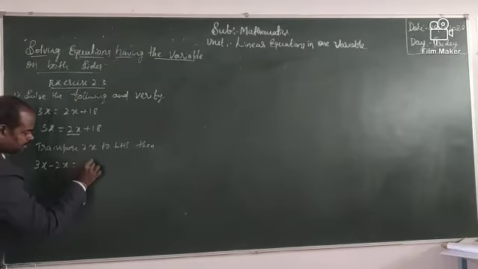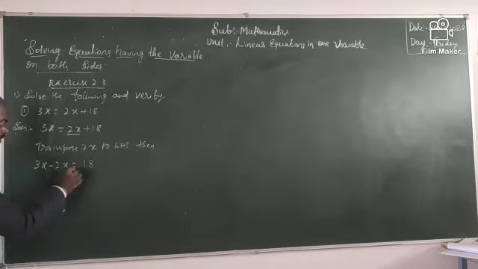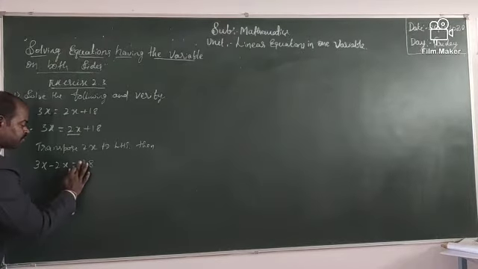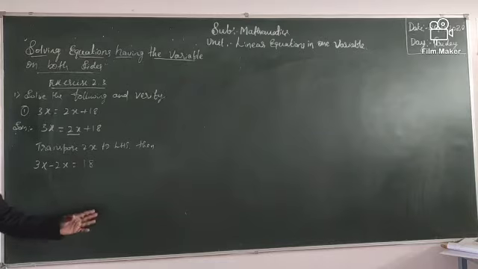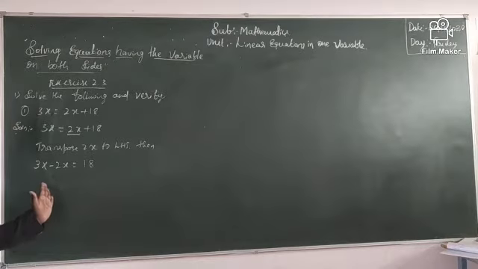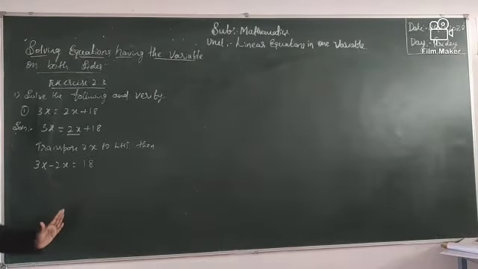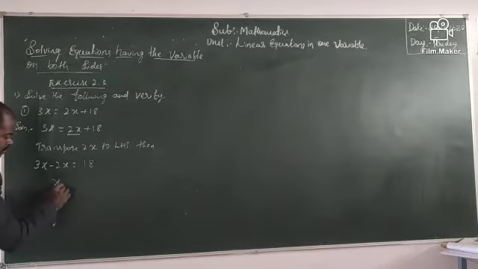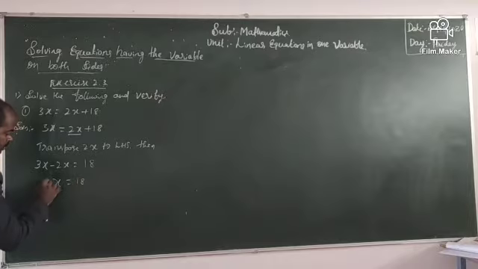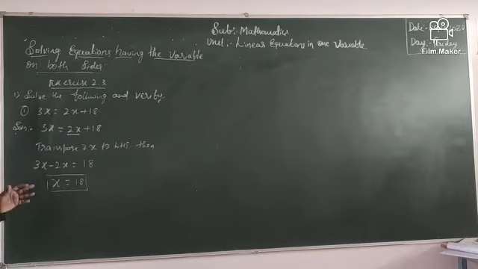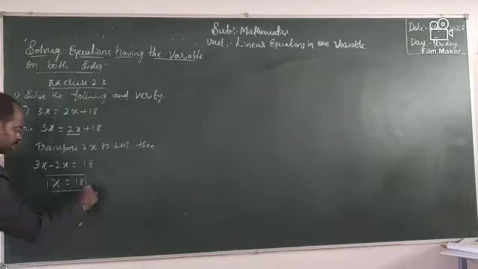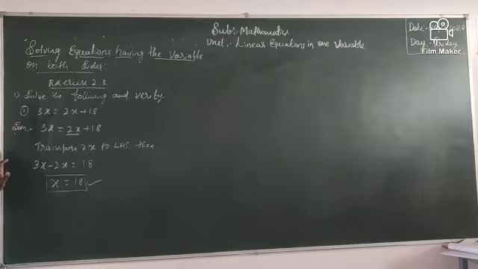Yes, 18 is remaining. We know that if there is no sign beside a number, that means it is positive. Therefore 3x minus 2x equals x, so x equal to 18. Here we subtracted 2x from 3x, and 3x minus 2x equals x. The value of x is 18.